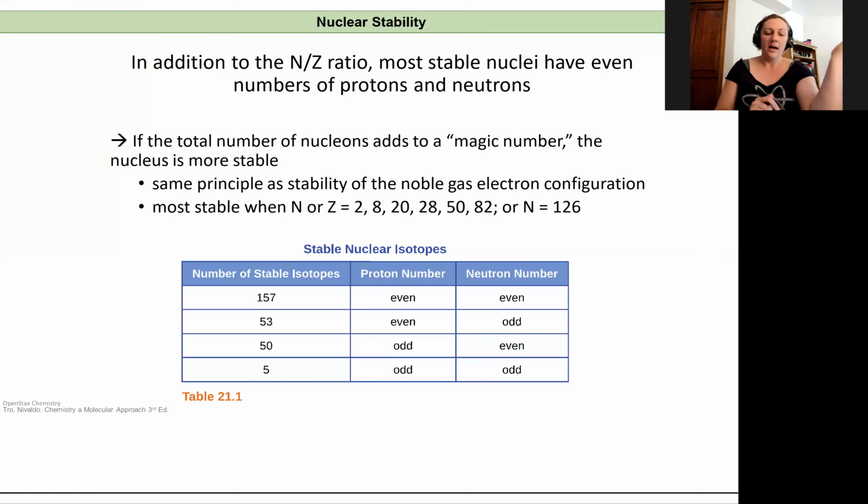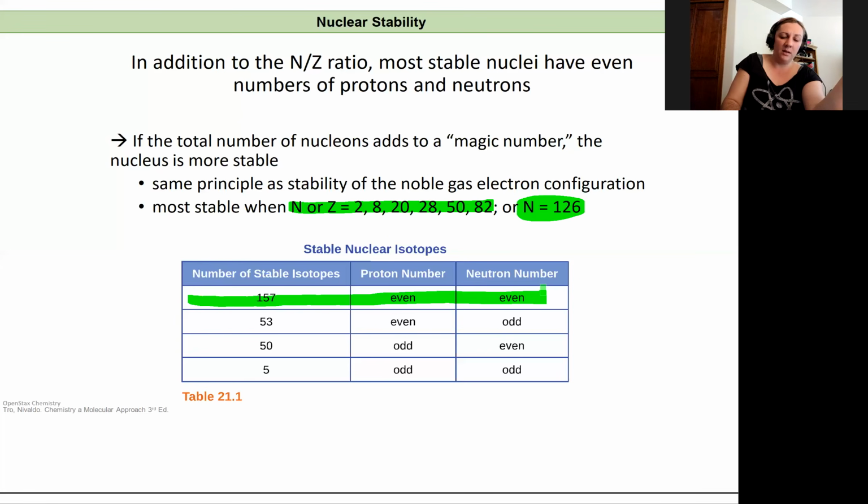And so we'll see that nuclei are most stable when either the number of protons or neutrons equals 2, 8, 20, 28, 50, or 82. Another one is neutrons hitting 126. Comparing these across the number of stable isotopes on the periodic table, we see that in general, nuclei with an even number of protons and an even number of neutrons tend to be more stable.